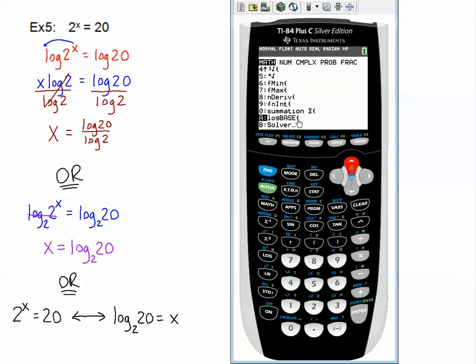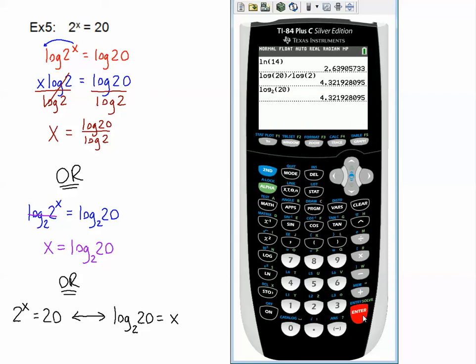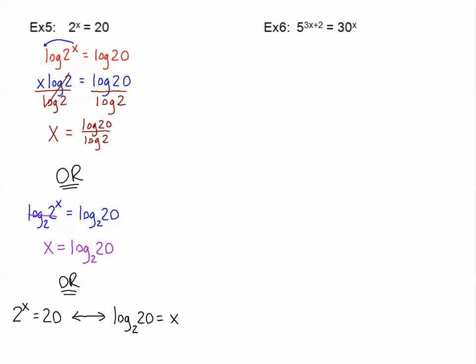It's a little bit faster. The log base, and use that change of base idea, but the calculator has a little spot for the base, which is 2, and for the number in this case is 20. So I can just plug that into the calc, and of course I get the same thing, 4.322. So that's what x is. And I'll just write that right in here. 4.322.